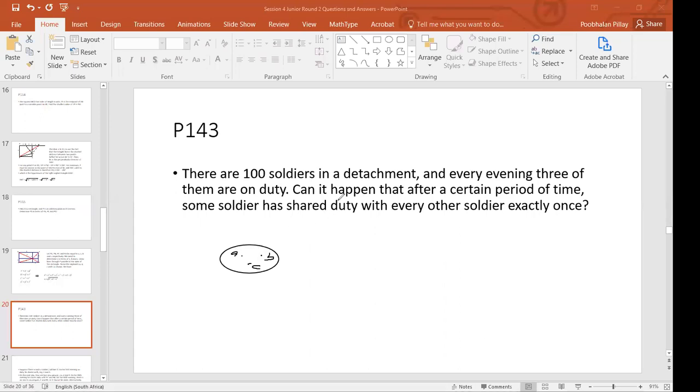So I say, suppose it can happen. Suppose there is a chap here, A. This is a soldier. He shares duty with every other soldier exactly once. We are assuming that this happens.